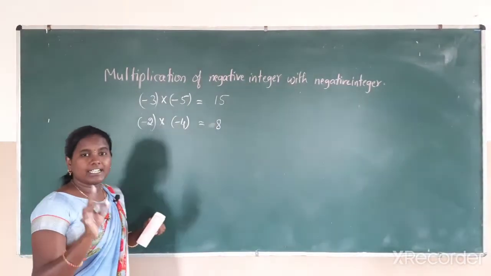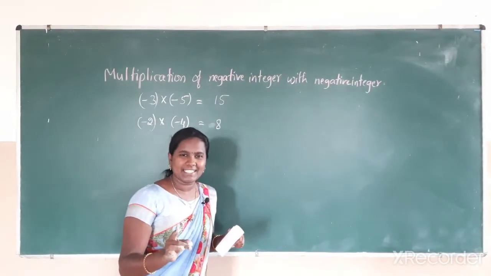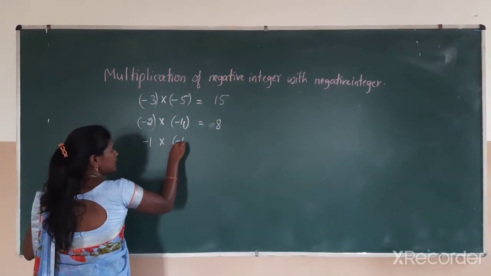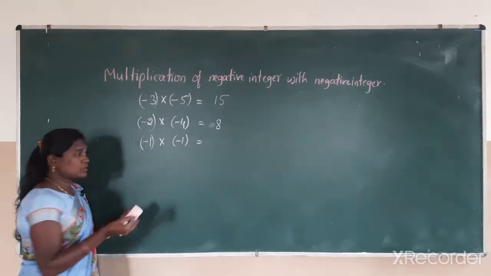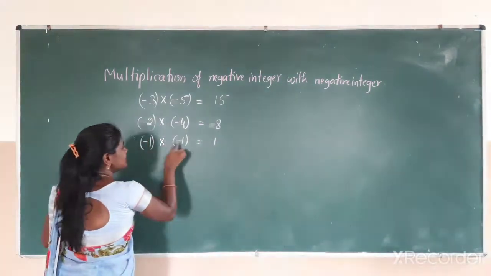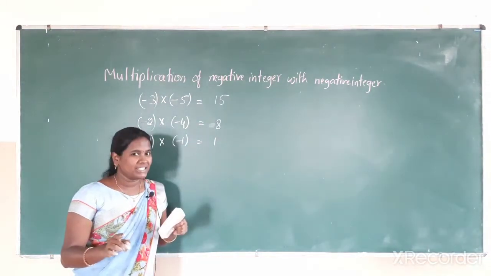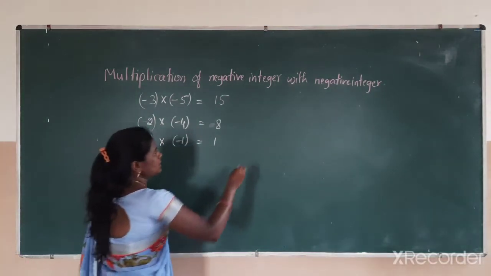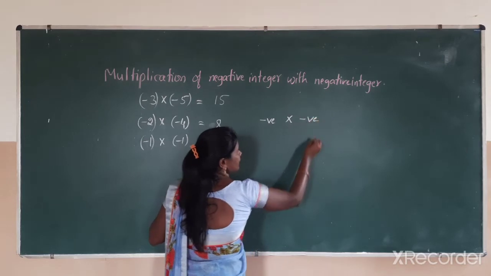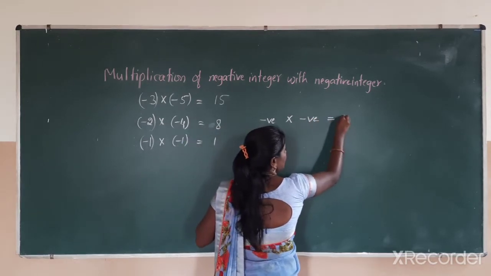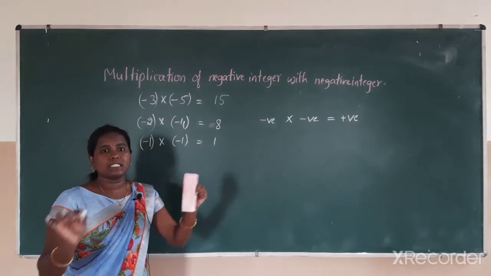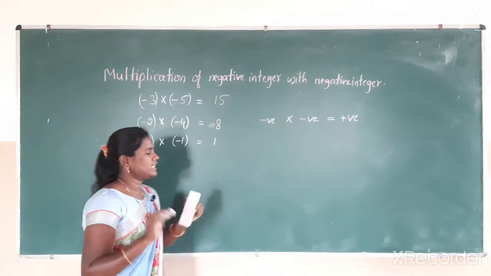If nothing is there, it is always positive. If you take one more example, minus 1 into minus 1, it is not 2, 1 into 1 is 1, minus into minus is plus. So here you observe that if a negative integer is multiplied by a negative integer, the answer is always positive. Minus into minus is plus. Okay, it is clear.